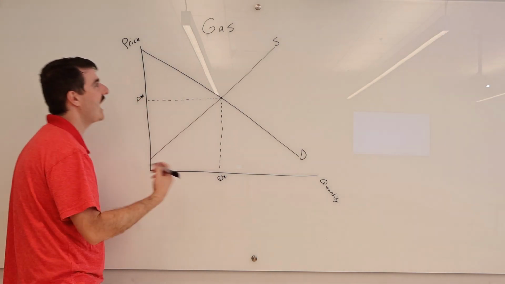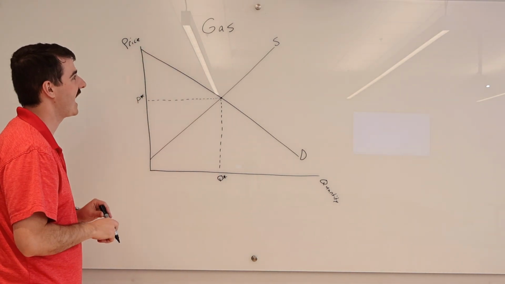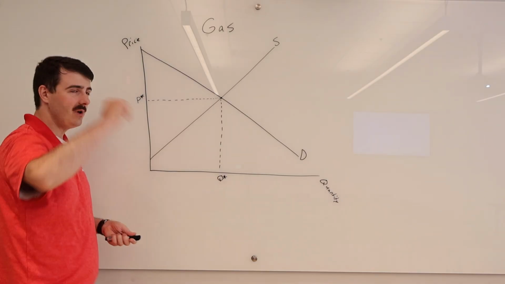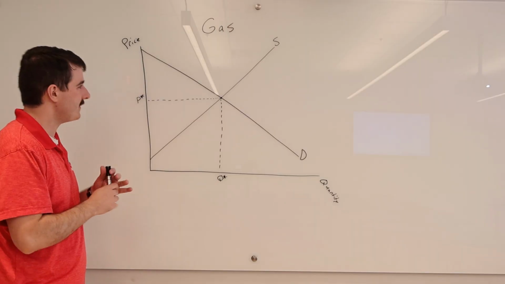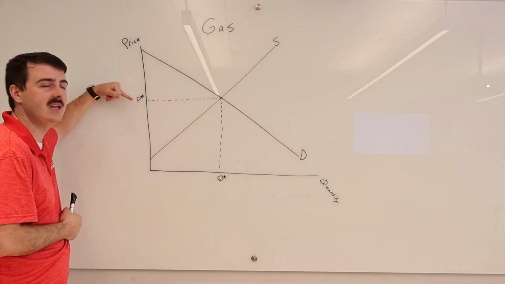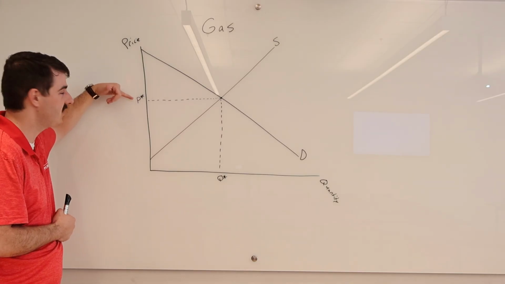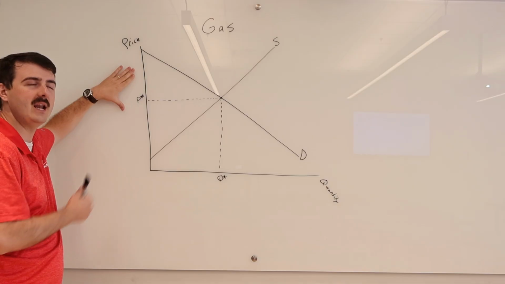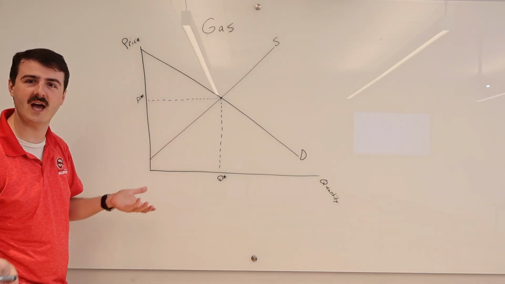Why is it that we would have an equilibrium price for gas in a particular gasoline market? Well, think about it like this. Is this price handed to our gasoline sellers, our gas stations? Are they given the price from on high? How is the price set in our society?